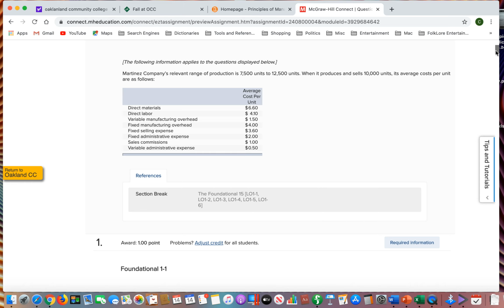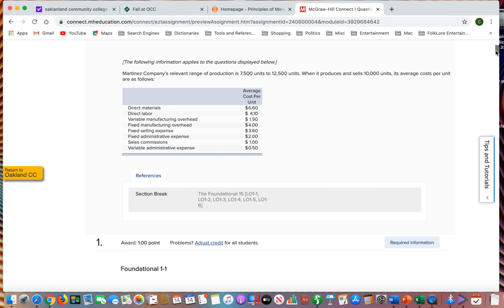So, take a moment or two and write this down. Direct material $6.60, direct labor $4.10, variable manufacturing overhead $1.50. This is per unit.